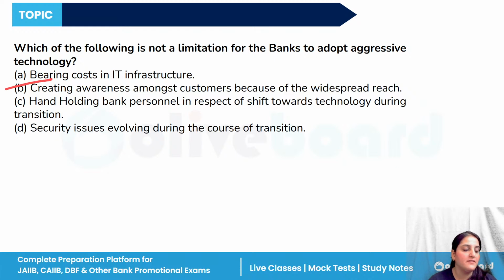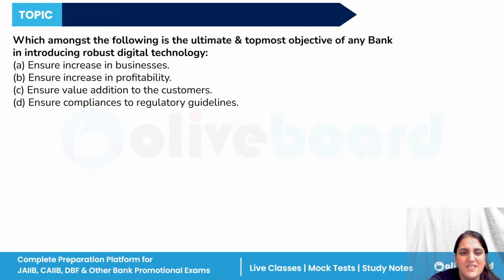So option B is correct here. These are the questions which do not include the concept. These are the direct things. That's why the speed is fast.